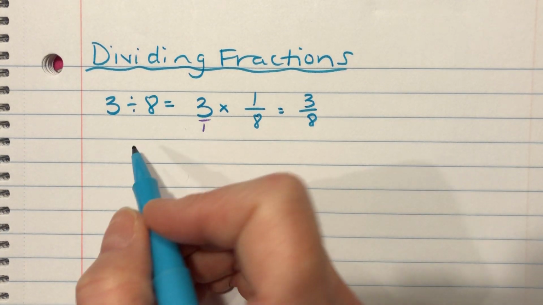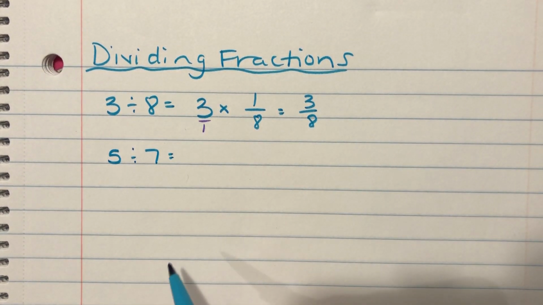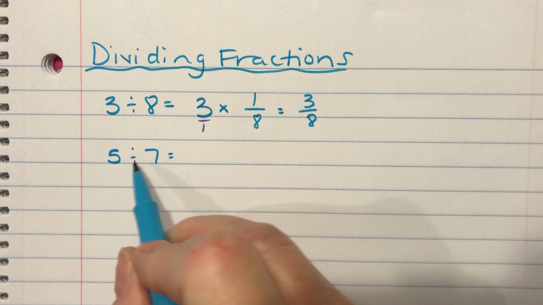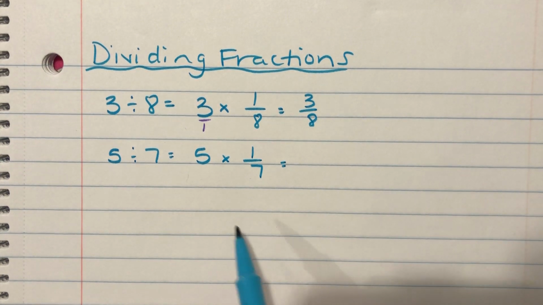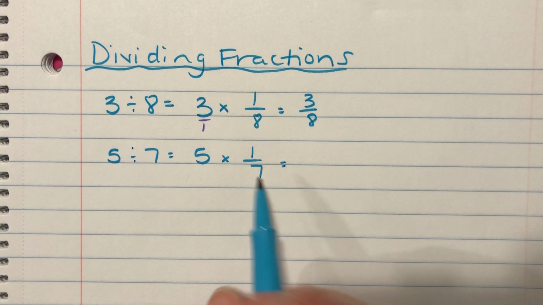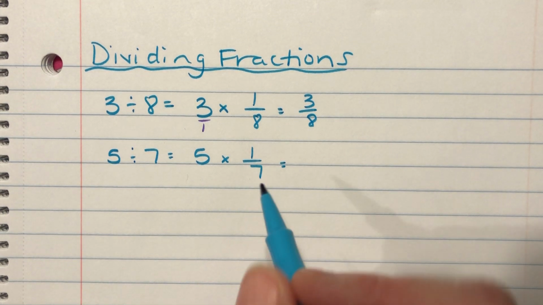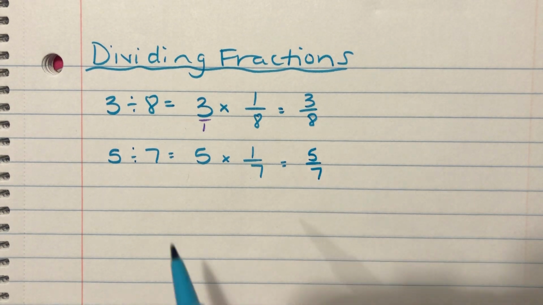All right, let's look at another example like that. 5 divided by 7. We saw that with 5 divided by 7, I could do 5 times 1/7. Again, we drew all the pictures out before. I'm not going to make you draw the pictures again, but we saw that this does work. So 5 times 1/7 means 5/7.